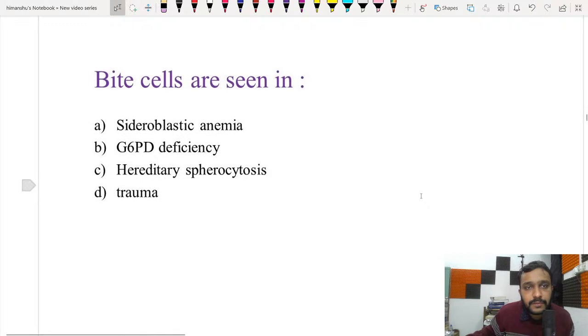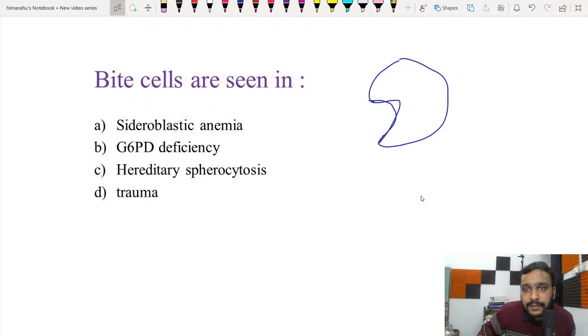So bite cells are seen in G6PD deficiency.